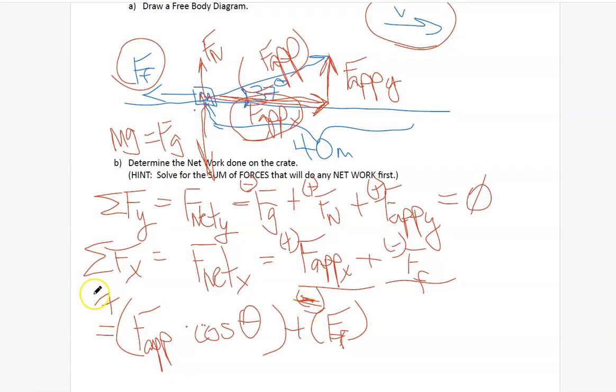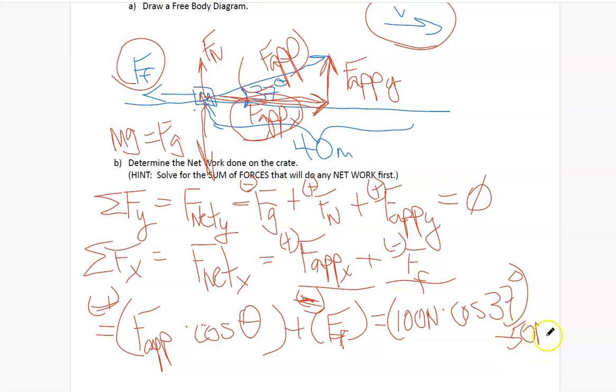We'll remind ourselves this is going to be a positive force. Okay, so let's actually calculate it. The applied force, 100 newtons, times cosine of 37 degrees minus the 50 newtons for the frictional force.